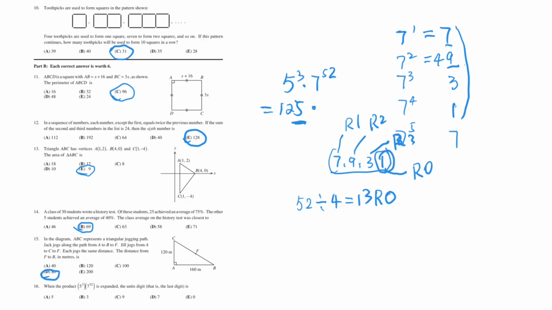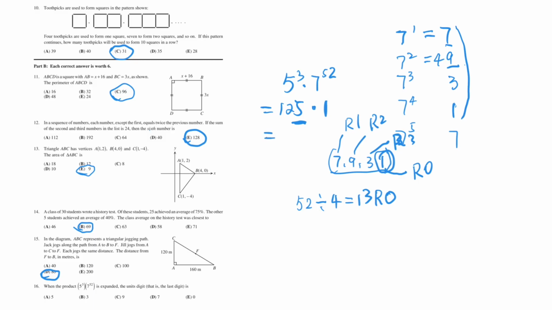So 7 to the 52, 52 is divisible by 4, so the one's digit is 1.